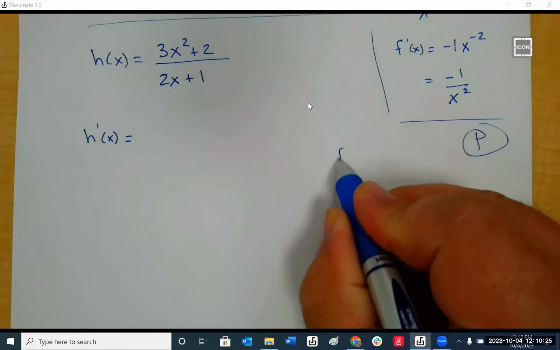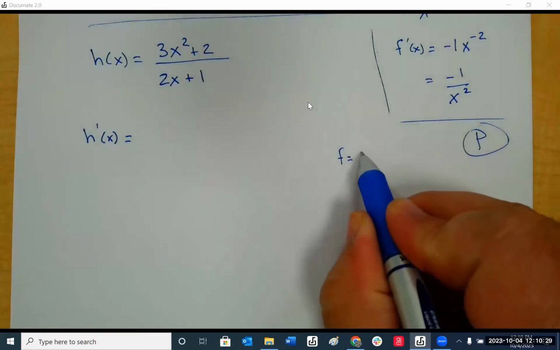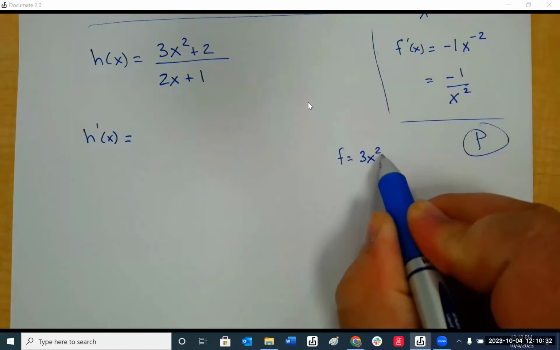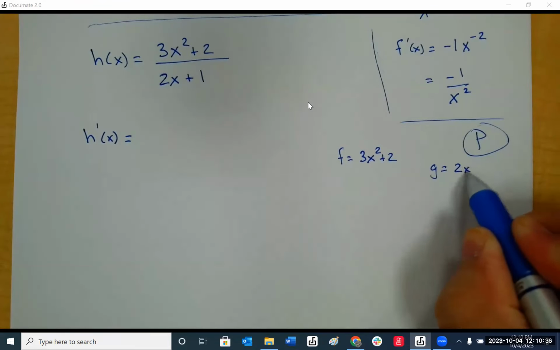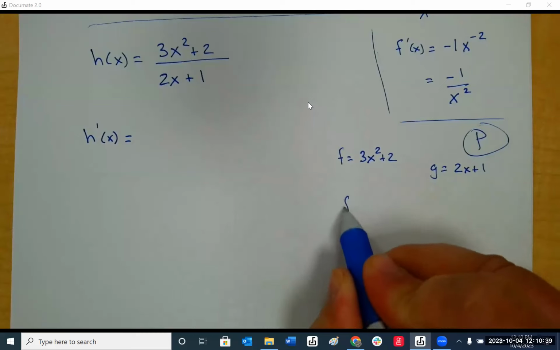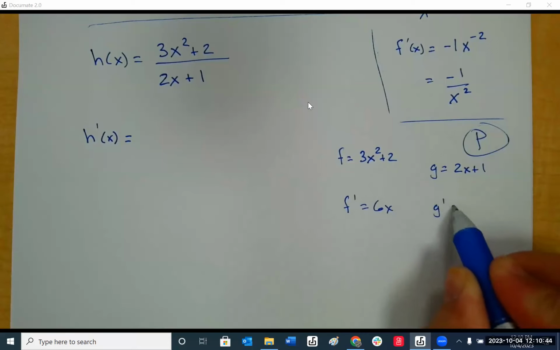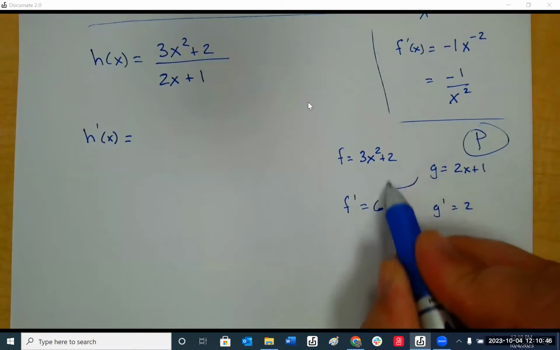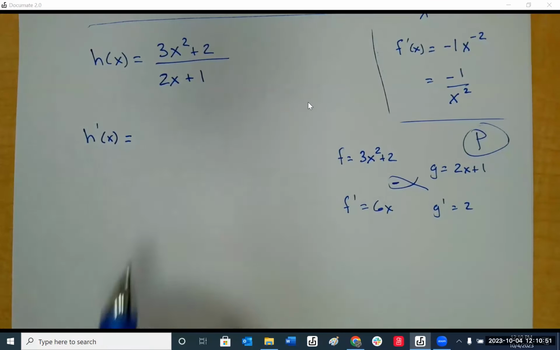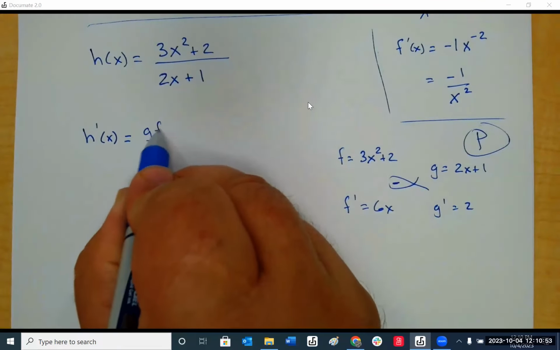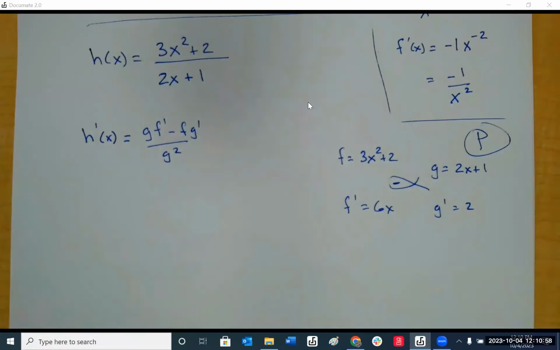First thing, what is f? 3x squared plus 2. G is 2x plus 1. F prime, g prime. Since it's a fraction, we subtract. G f prime minus f g prime over g squared.